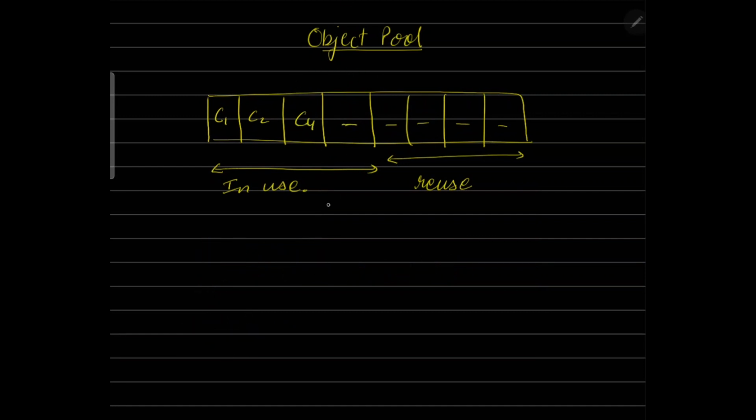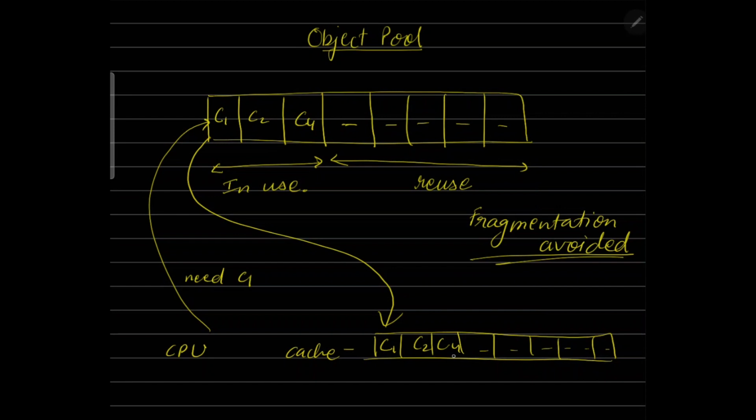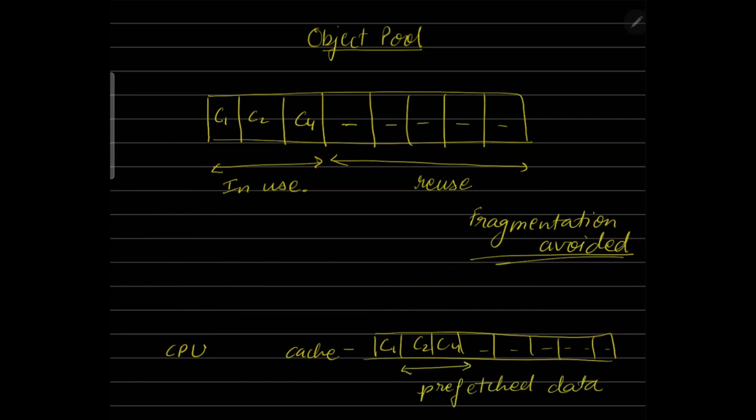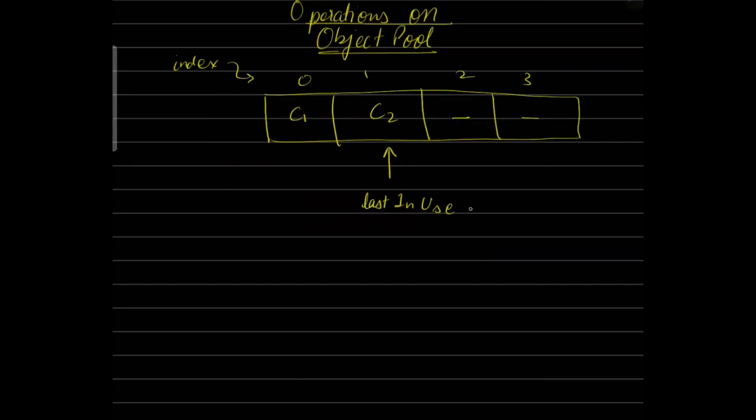This arrangement prevents fragmentation and allows for efficient use of CPU cache while a system is operating on its objects. In other words, it maximizes CPU cache utilization, resulting in improved performance. The object pool presents us with several essential operations to manage object allocation and deallocation effectively.